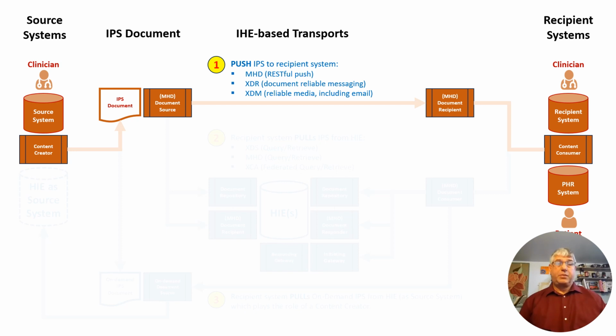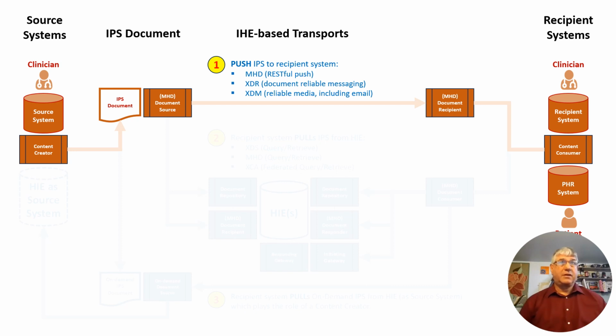So first up is push. In these cases, the source system knows exactly who it wants to send the information to, and it will use one of the various models of push from IHE.